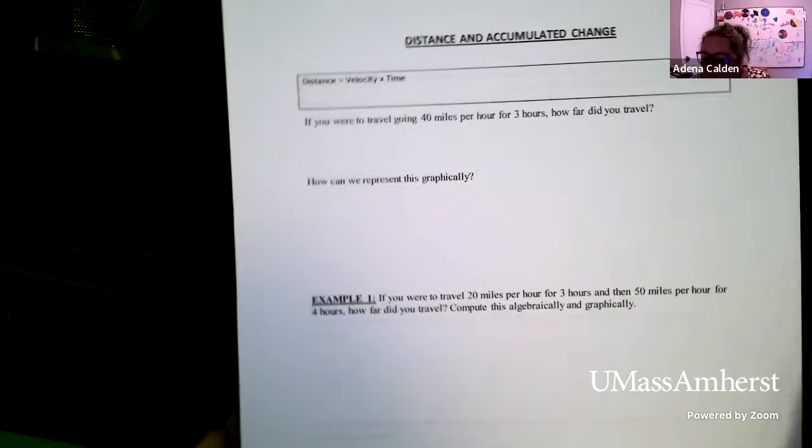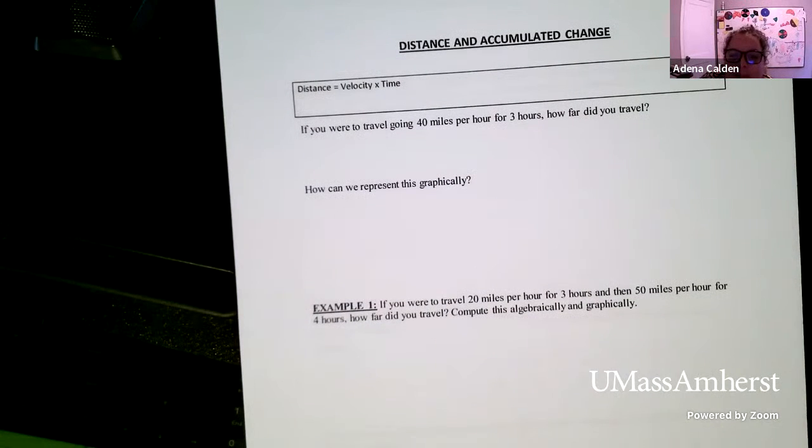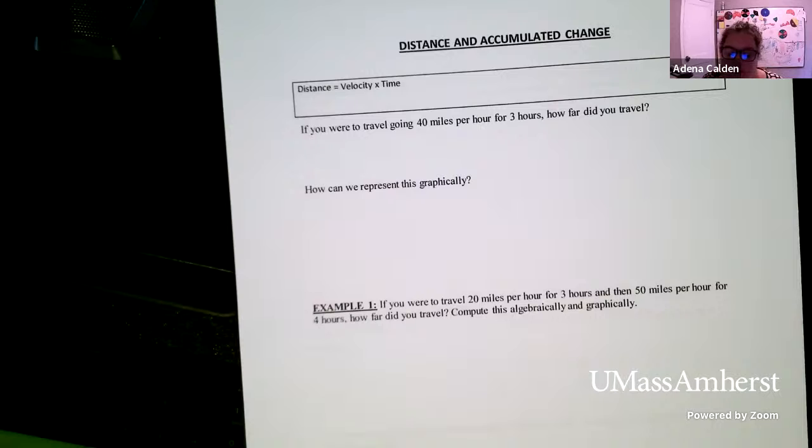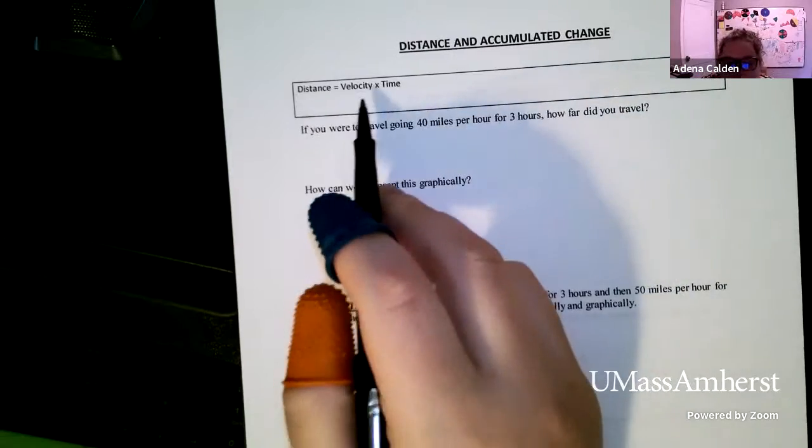Okay. And so the way we start with this is we talk about something called accumulated change. And we start with this idea of distance to help us understand and visualize how accumulated change is going to work. So the first thing we need to know is that distance is going to be velocity times time.